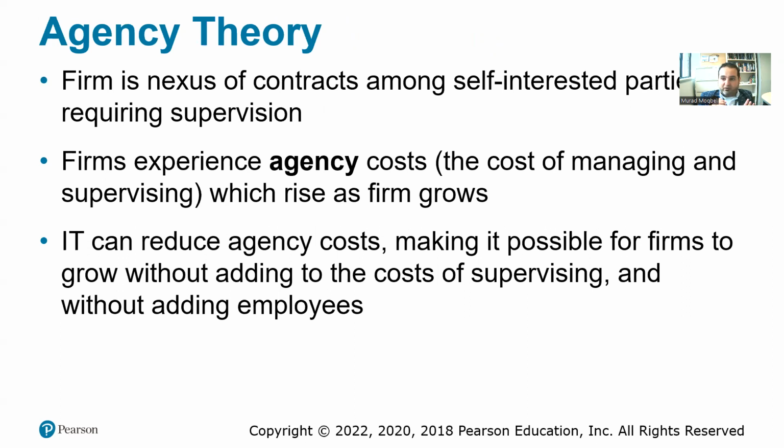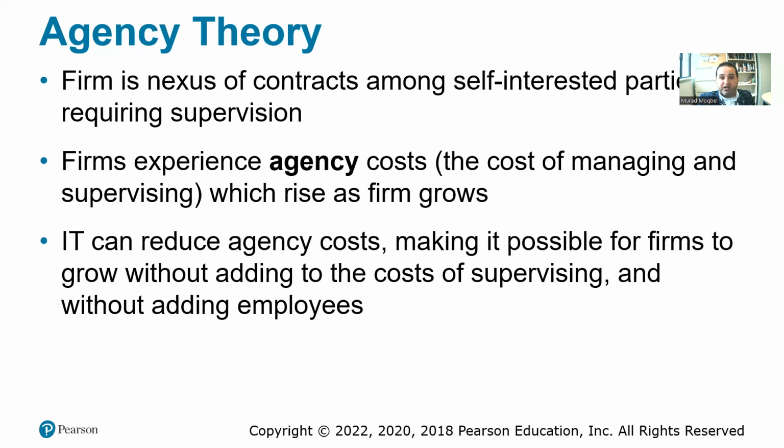So those agents or employees, they are costly because they require wages, and they also require supervising. So you need to hire supervisors and managers to supervise those employees so they can add value and perform on your behalf as an owner with efficiencies, right? So this is what we call agency costs.